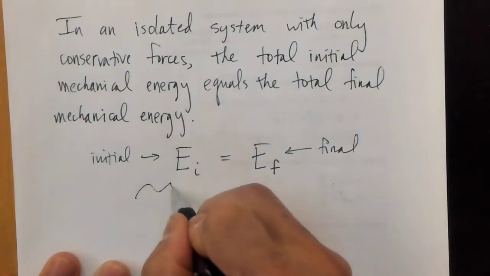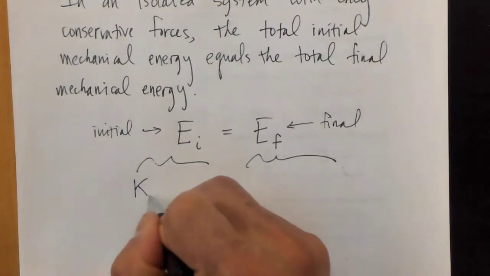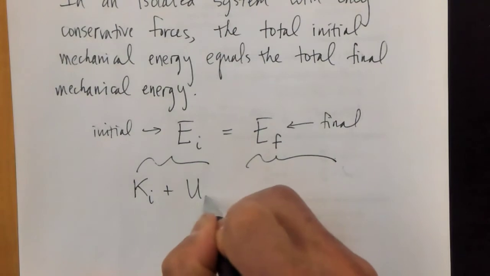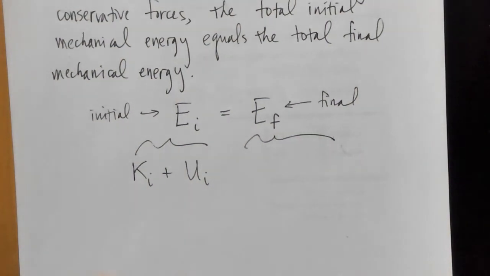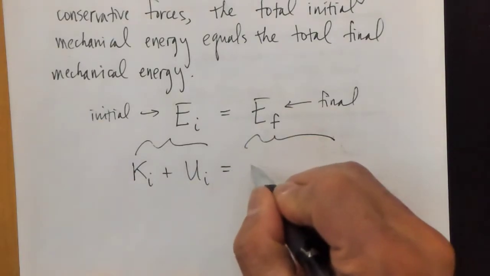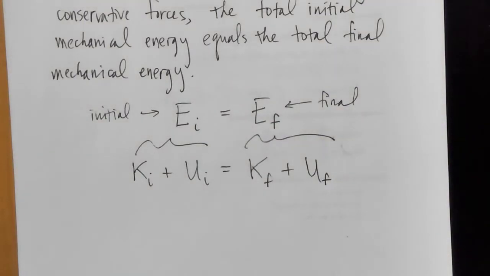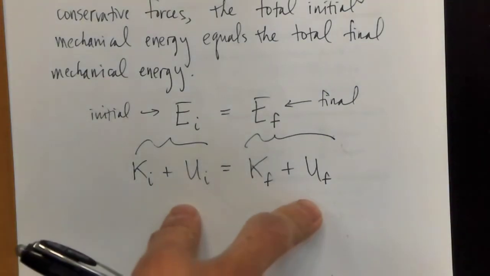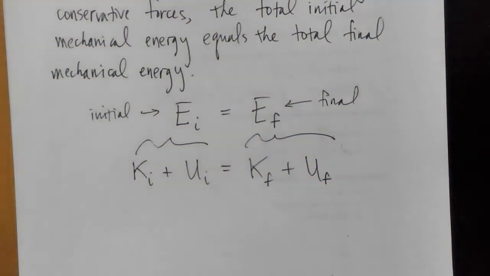And then I can break apart each of these mechanical energies into kinetic initial plus potential initial, whatever potential energy we're talking about, either spring or gravity. And that must be equal to K final plus U final. So this is basically how I set up problems when I'm doing conservation of energy. Any questions about this?